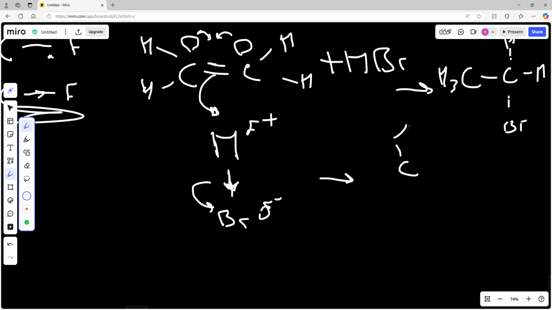So I'll draw this out in full. We've got our CH3 where the hydrogen forms a bond, so it basically goes like that. And then on the other carbon, because this carbon has now lost this bond, so this bond's broken, it's left with only 1, 2, 3 bonds.